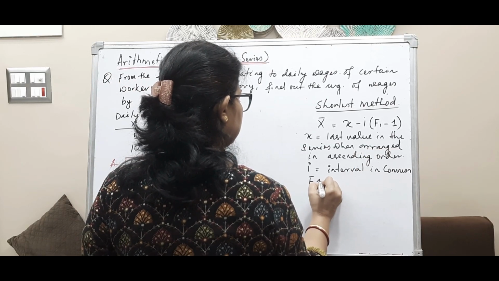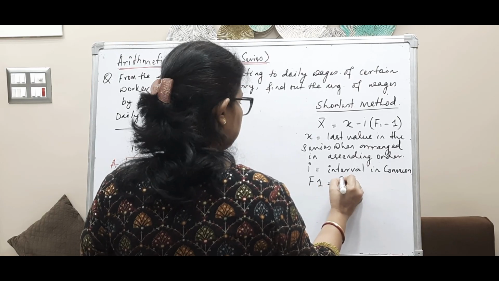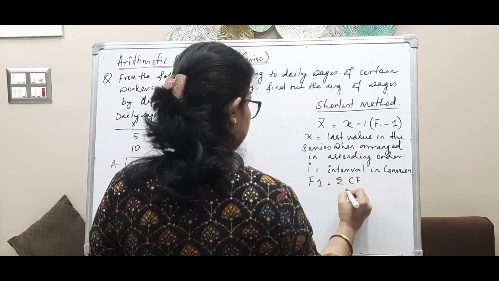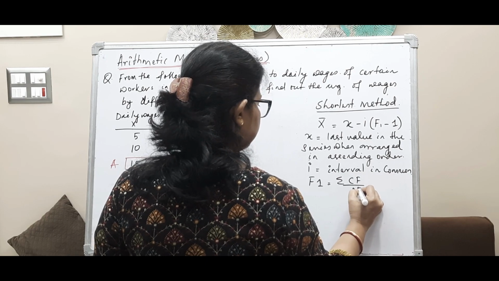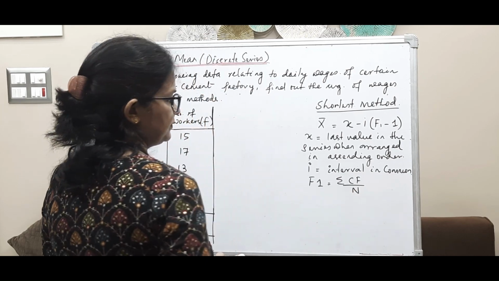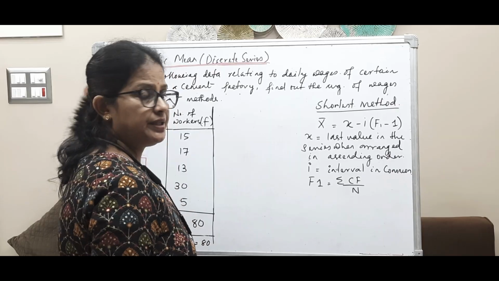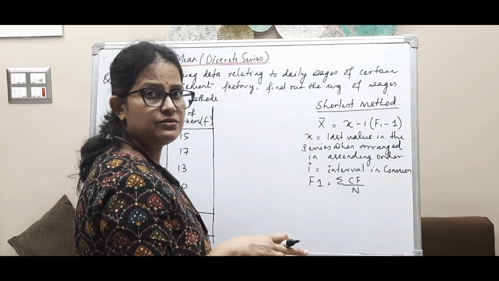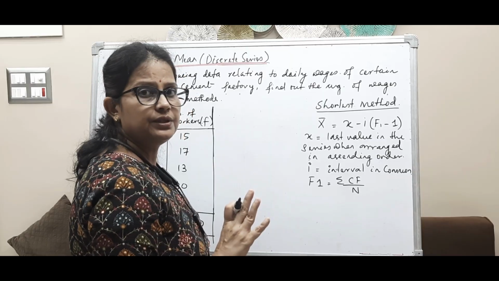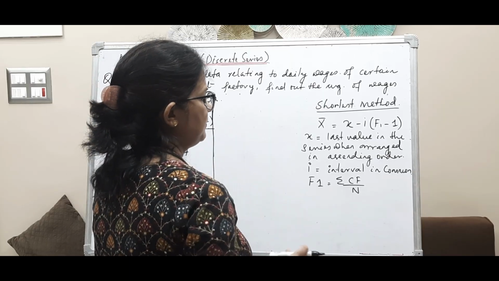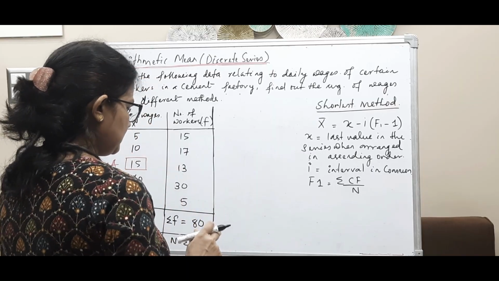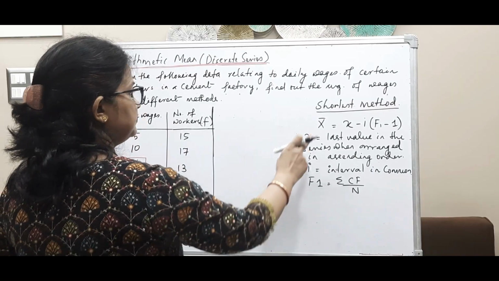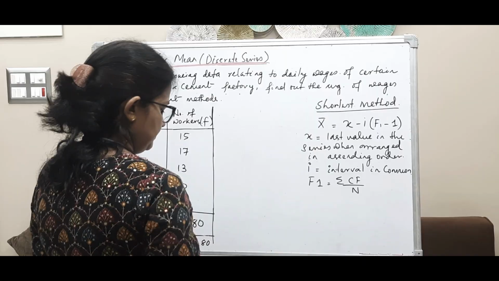F1 equal to sigma of CF divided by N. CF is the cumulative frequency. These things we have already discussed for individual series, so you can refer to those videos. So now let us start how to calculate the X bar for the shortest method.